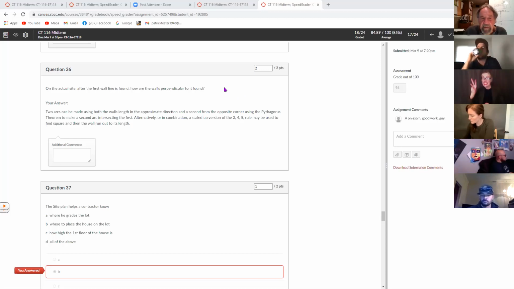And when you set the level over one of the points of the walls, you go back to the other point, the second point on that first wall, and you fix that scale at 0 at that point. And then you turn the transit or the scope to 90 degrees on that same scale.